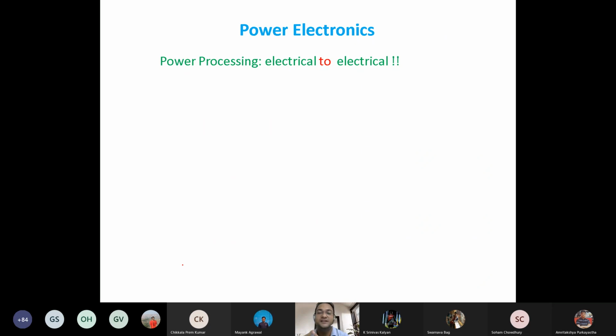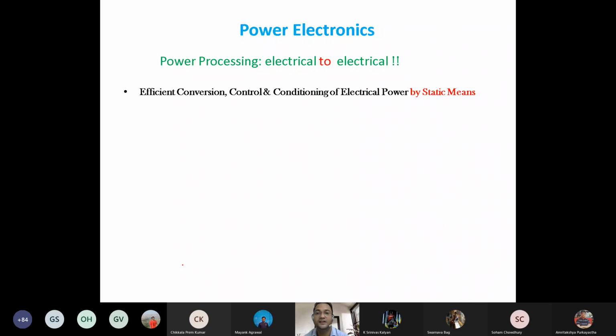For example, you might have studied the electric motor. It has electricity at the input and mechanical power at the output. A generator is the reverse, right? Mechanical input, electrical output. But in a power electronic system, your input is also electrical and output is also electrical, right? So we basically deal with converting something from one electrical form to another electrical form.